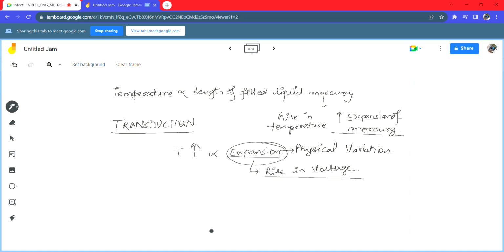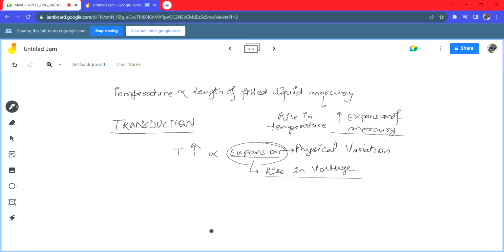What they are doing is showing some physical variation with the rise in temperature. And hence we have been using these thermometers for quite some time in medical history.